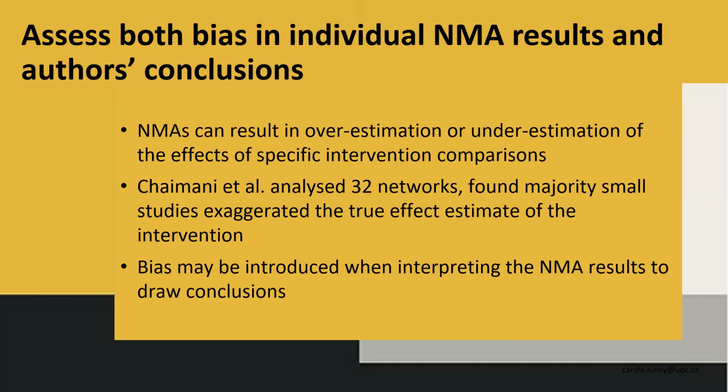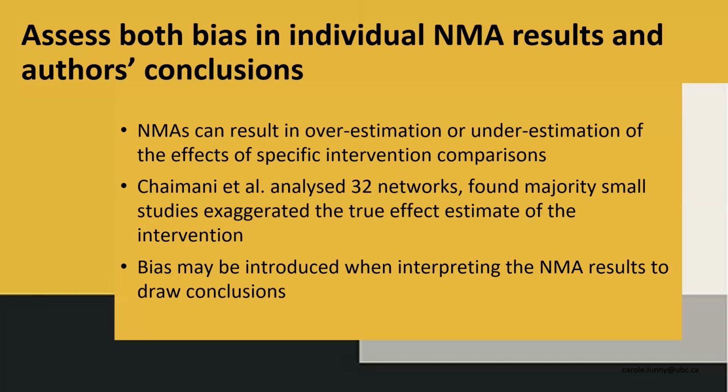We also aim to develop a tool to assess both bias in individual NMA results and also those authors' conclusions about the results. Network meta-analysis of effect estimates from primary studies can result in overestimation or underestimation of the effects of a specific intervention, for specific intervention comparisons, and comparisons really is the key word here.